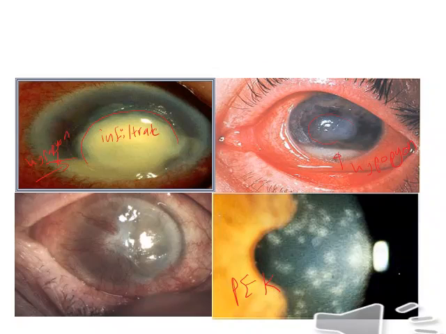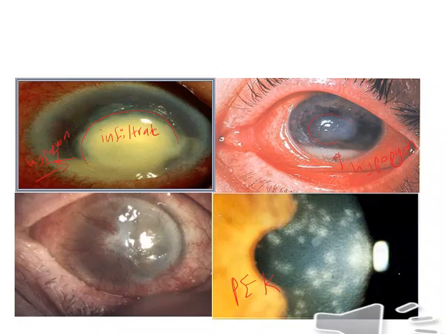With ciliary injection there is juxtalimbal injection, not only conjunctival. This is called ciliary flush or circumcorneal injection, which may be a sign of keratitis, uveitis, or angle closure glaucoma.